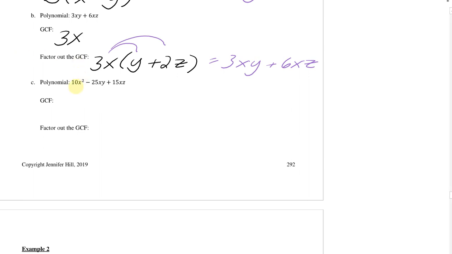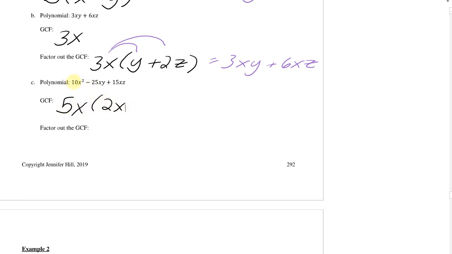Okay, so here everything is divisible by 5, so it's definitely part of the GCF. And looking across this whole thing, there's actually an x in each one of these, right? So my GCF here is 5x. When I take 5x out of this first term, I'm left with 2x. Think about how exponents multiply: x times x will give you x squared.